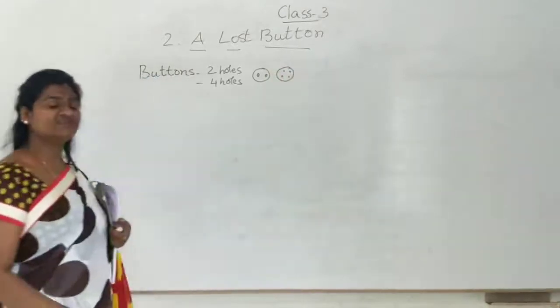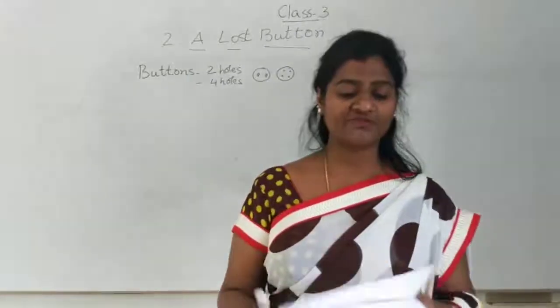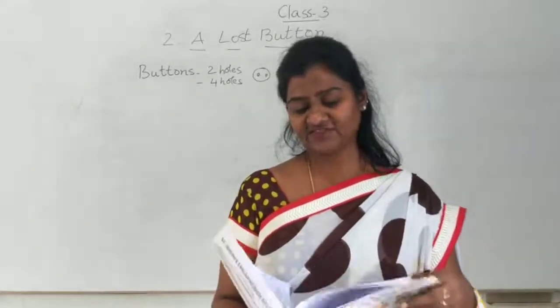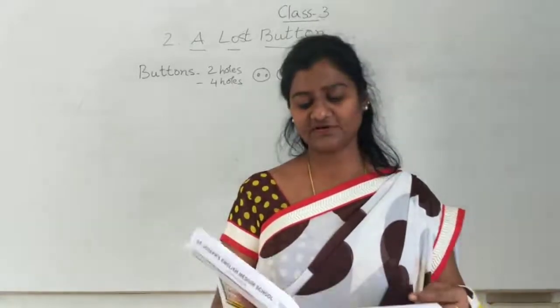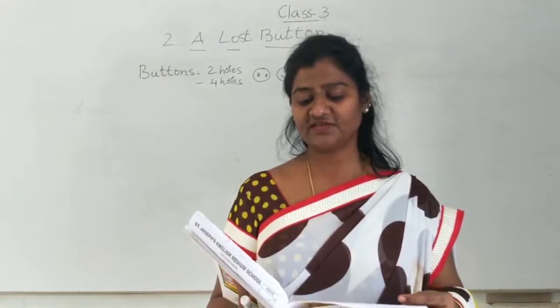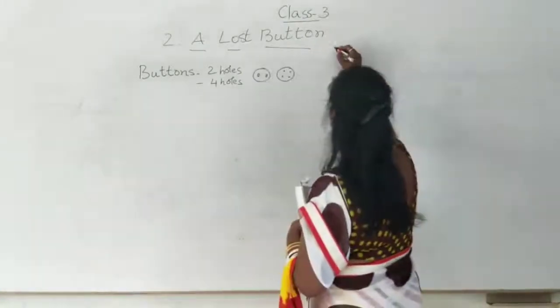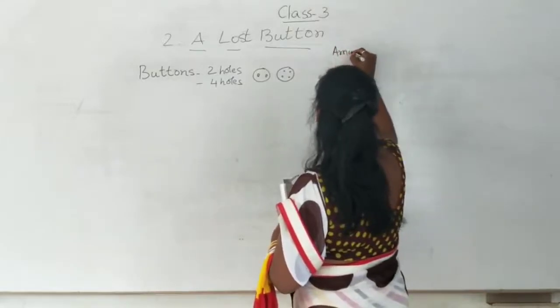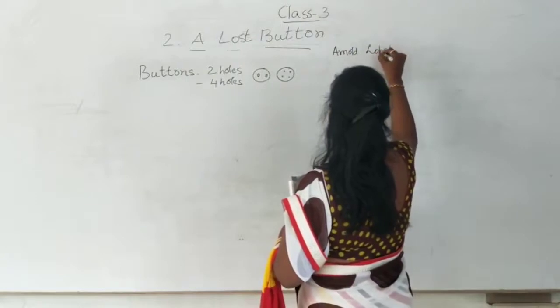What is the main objective and who is the author of this lesson? The author is Arnold Lobel. Who has written this lesson? Arnold Lobel. He has written this lesson.